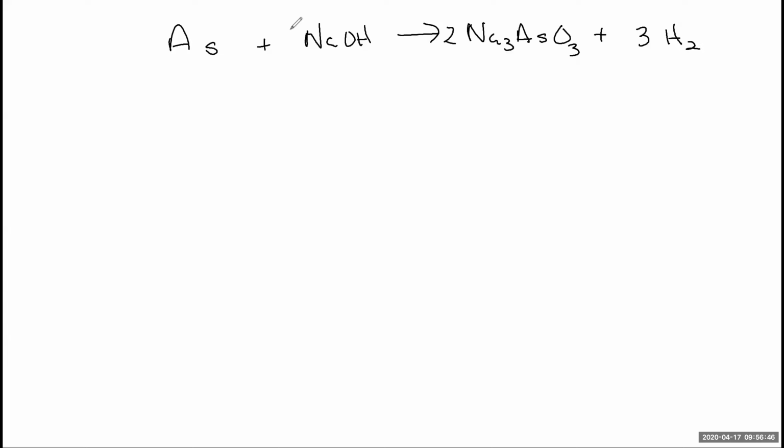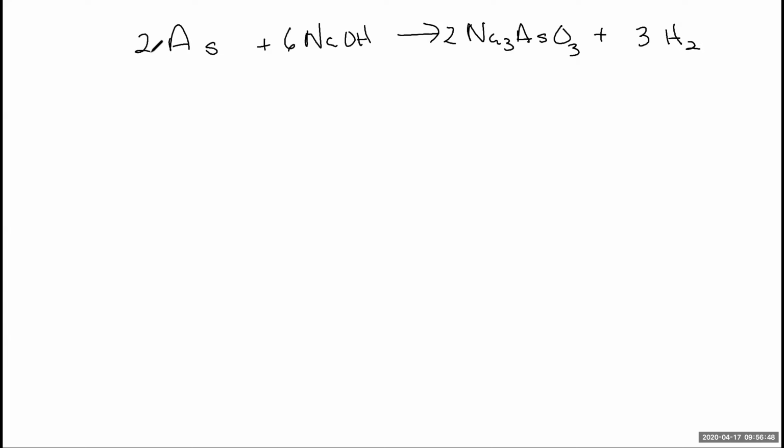So in this, we'll start with a whole new reaction. In this reaction, we're going to take arsenic and react it with sodium hydroxide. And we're going to make sodium arsenate, which is something we haven't seen yet. And so you need to balance this equation as well.